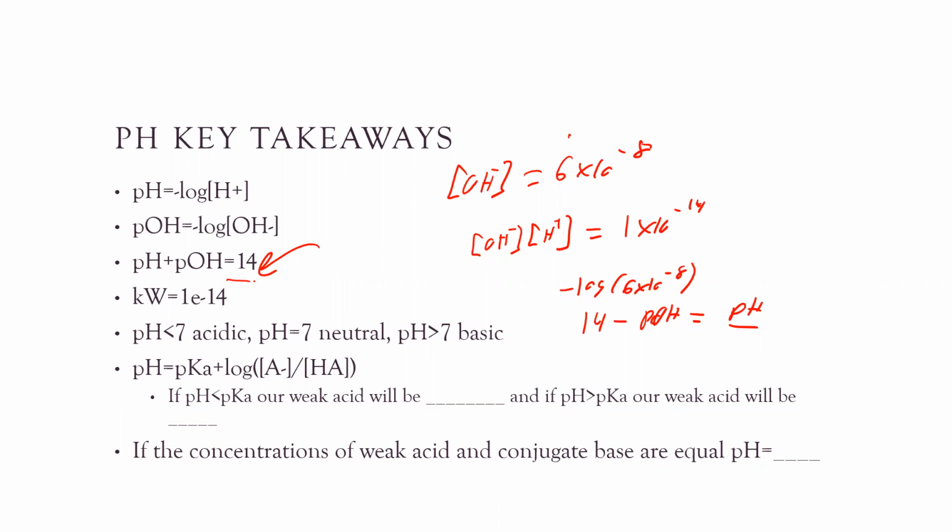Okay, the other one that might be good to know is KW. This is 1 times 10 to the minus 14. That's what that E means. I'm sure y'all knew that. What is that? Do you guys remember? It's the auto ionization of water.